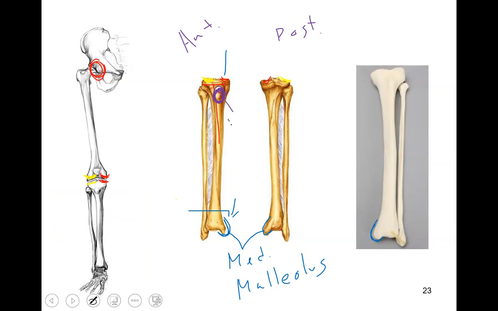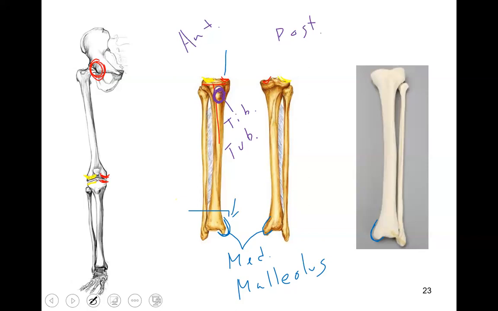This is called the tibial tuberosity, and this happens to be where all of your quadriceps muscles are going to insert. They do that via the patellar ligament. We talked about reflexes, and when you hit that patellar ligament, it induces the reflex response of kicking out your foot. So that is the tibial tuberosity.